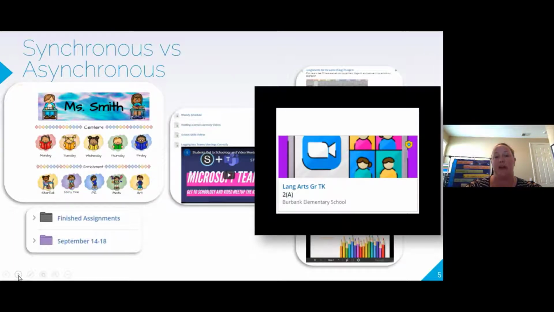When I made these, I went through and did a screencast for my parents so that they knew how to utilize these buttons. There are files down at the bottom where it says finish assignments, and that's an example of this week's assignment, September 14th through 18th.